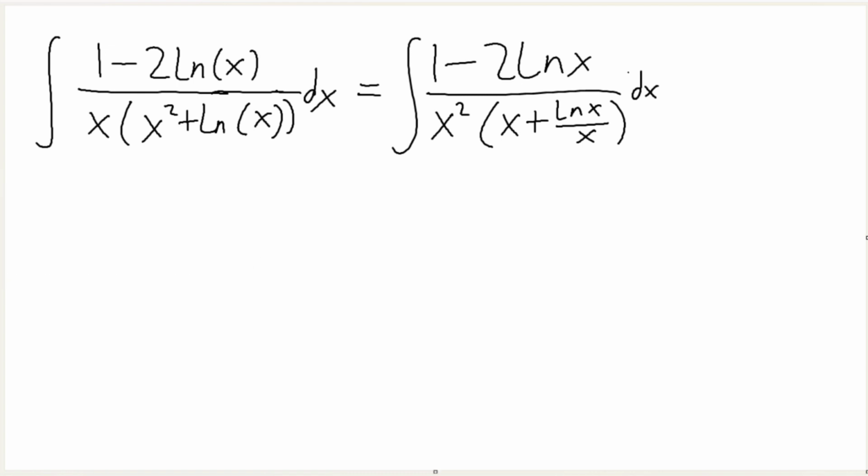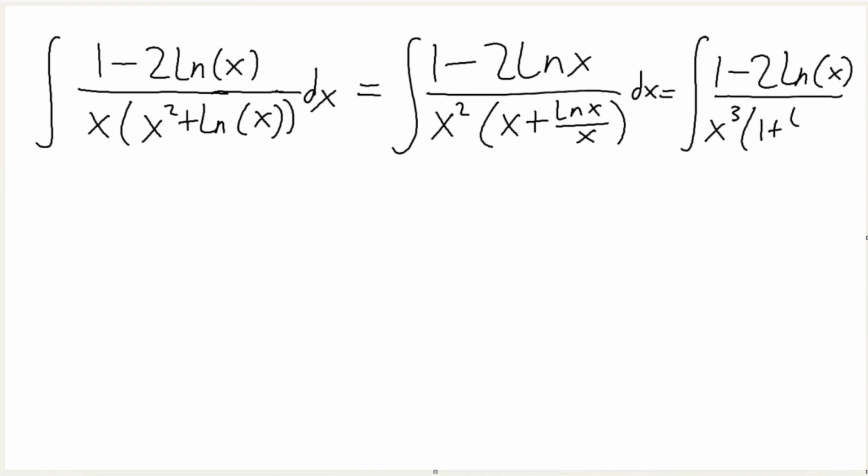How about doing it again? 1 minus 2 ln x over x cubed, and now we have 1 plus ln x squared. So now what? Let's try. u is equal to 1 plus ln x over x squared.